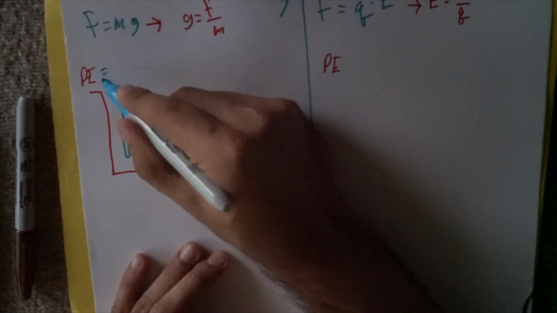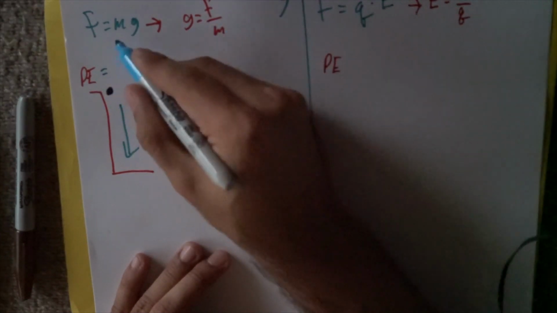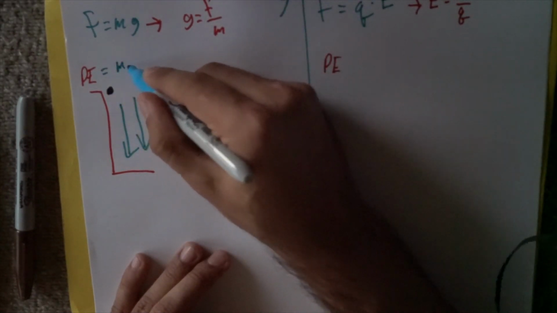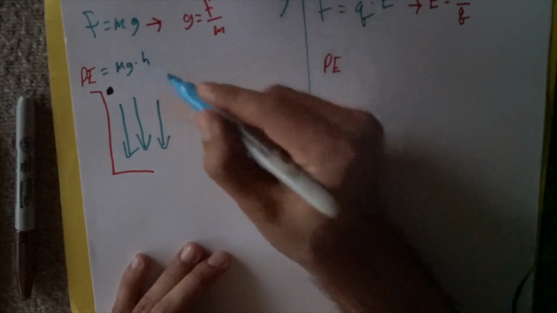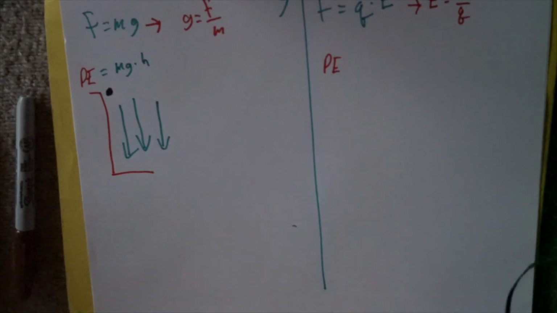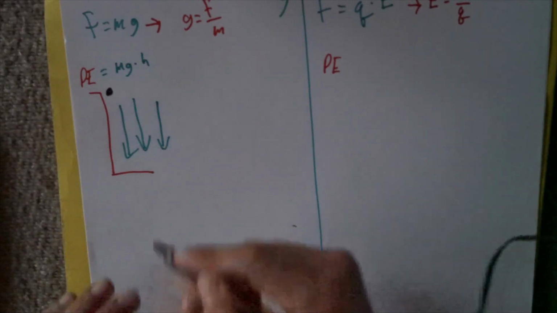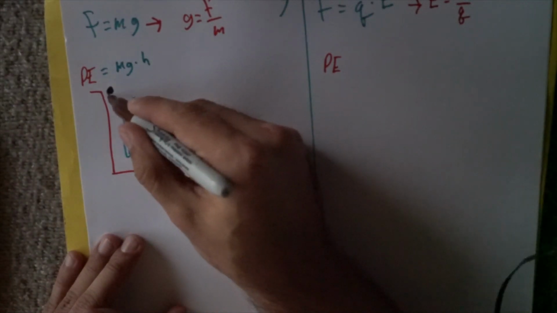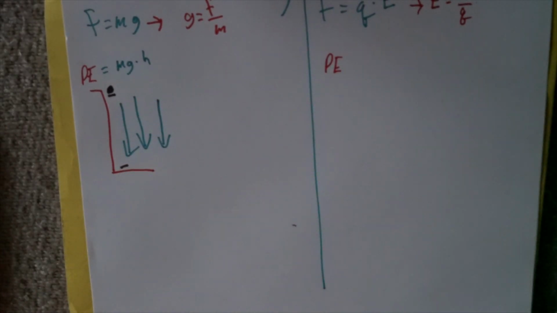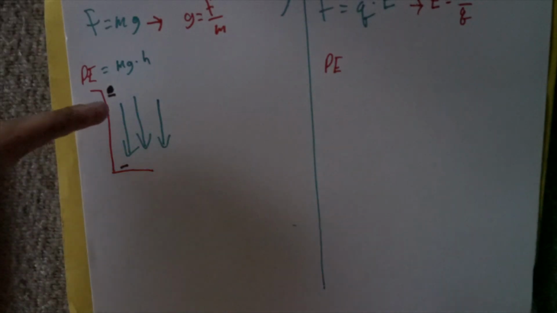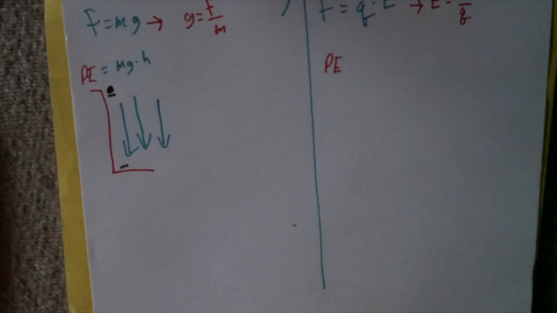And of course, the potential energy due to gravity is just the force right here, times some distance, okay? We call it height, but really, it's just the distance between here and here. So it's potential energy because it's this force times the distance, which is work, right?